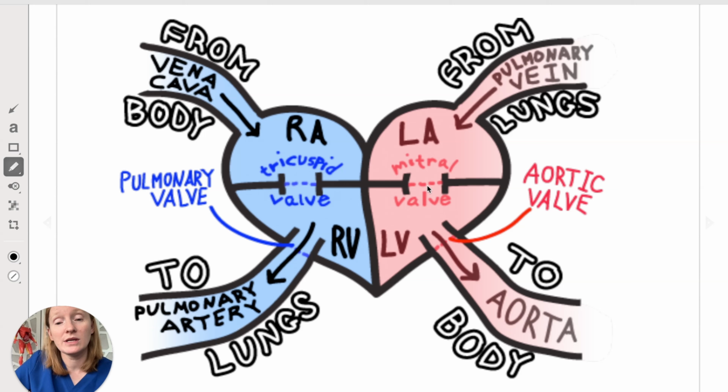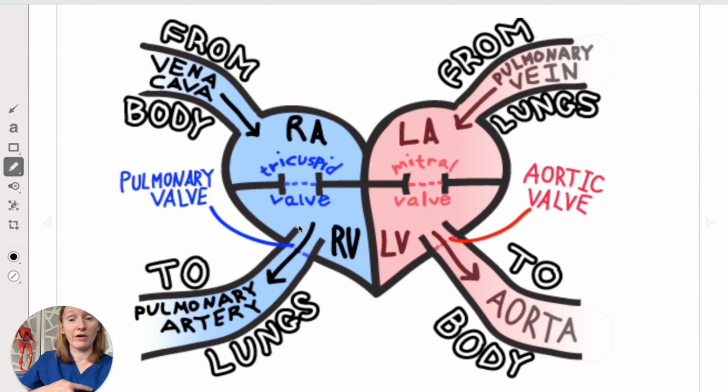Now, the way I always remember which side is which is because I think about my biceps, okay? Remember, my biceps have two muscles, right? So when I think about my biceps, the two flaps, the left side of the heart, you probably know this, is considered the stronger side of the heart because it has to push blood through the entire body, whereas the right side of the heart only has to push blood through the lungs and back to the heart again.